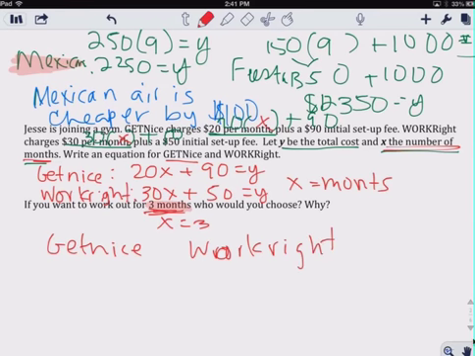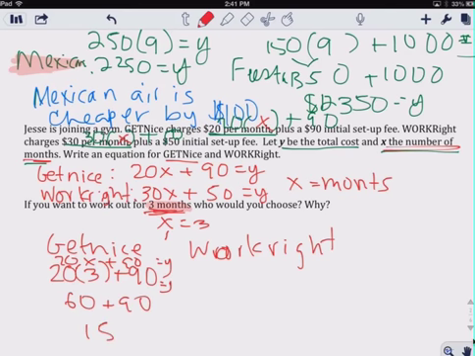Okay, Get Nice is 20 times 3 plus 90, because we substitute x for 3, because it's 20x plus 90 equals y. That gives you 60 plus 90. That gets you $150 in 3 months.